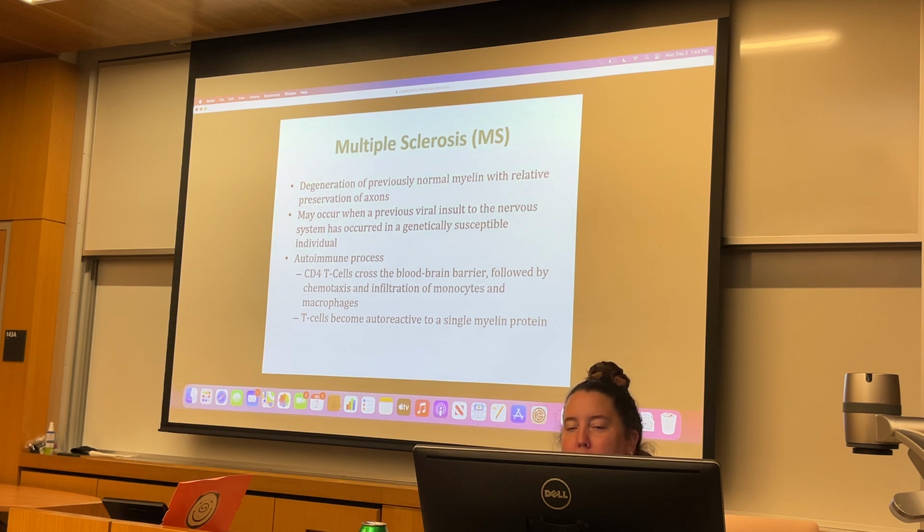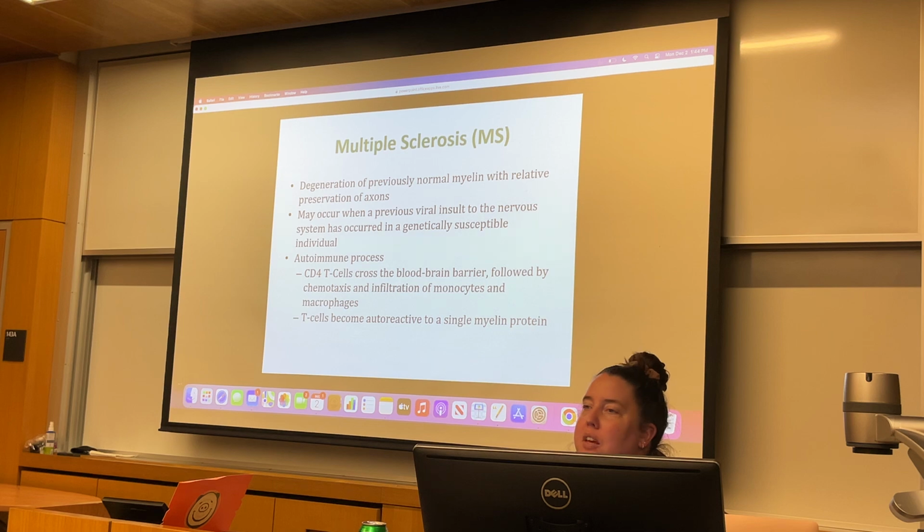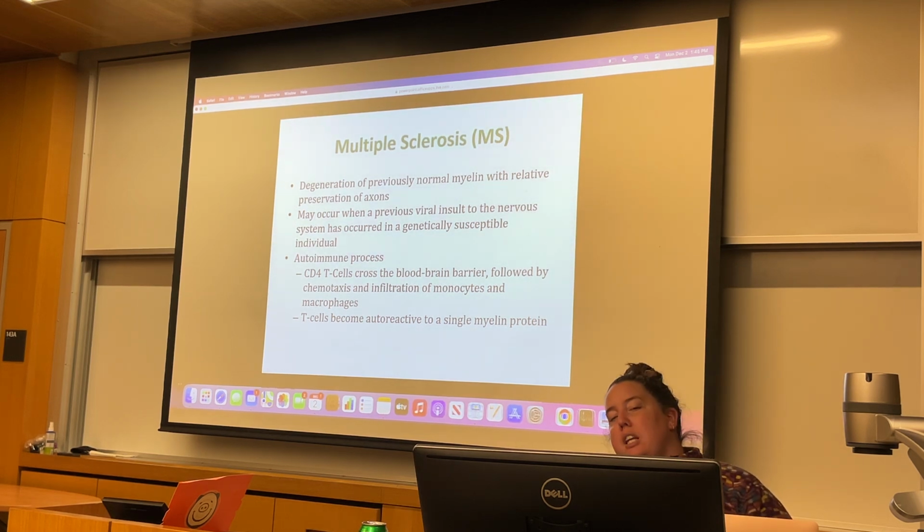It may occur when there's a previous viral insult to the nervous system in a genetically susceptible individual. So people with multiple sclerosis are generally genetically susceptible. They have a family member who has had multiple sclerosis, or some sort of neurodegenerative disorder. But in all, they have some sort of genetic susceptibility.